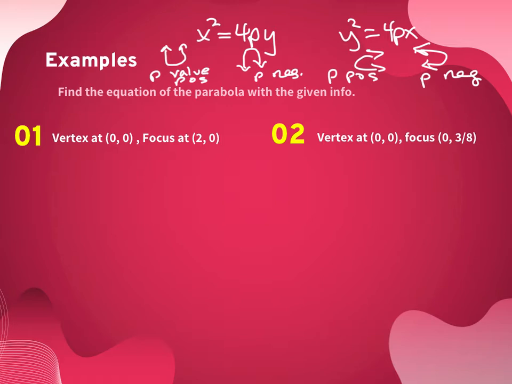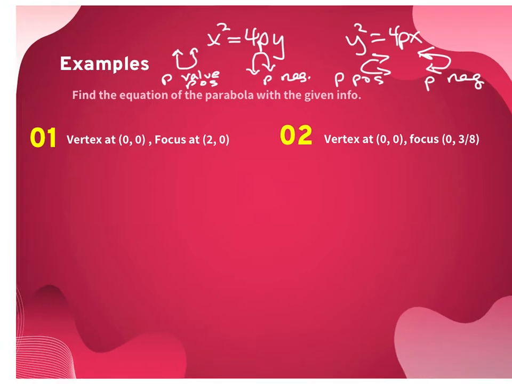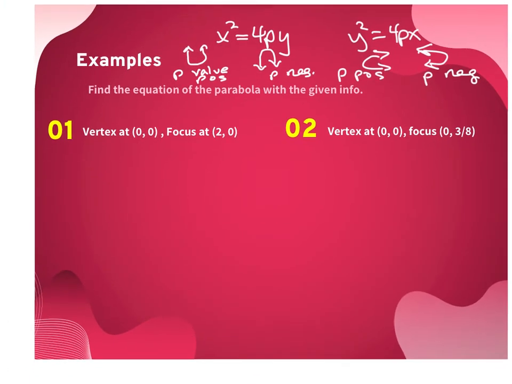Now, to determine how our graph is going to be facing, what I recommend you do is do a rough sketch of your given information. So I'm going to go ahead on number 1 and just do a quick little sketch here, put my focus point on the graph and my vertex.